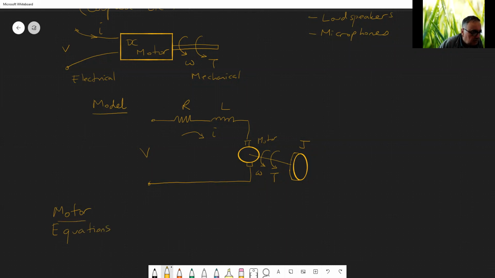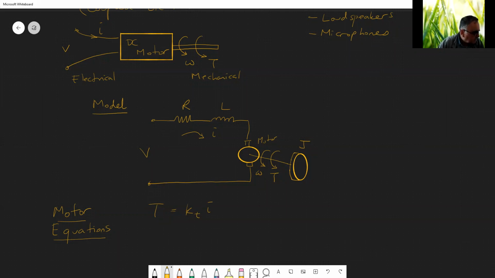They relate electrical quantities to mechanical quantities. One is the following. The torque generated by the motor is proportional to the current that goes through it. So the more the current goes through the motor, the more torque it generates. A mechanical quantity, torque, is proportional to the current.